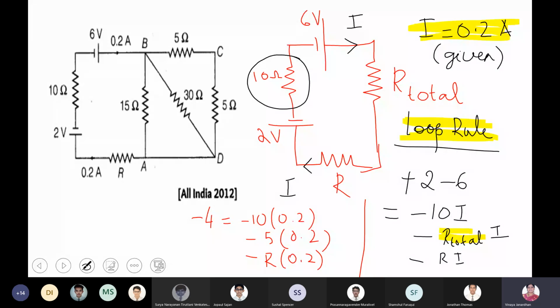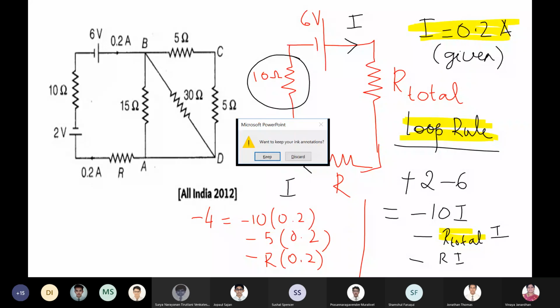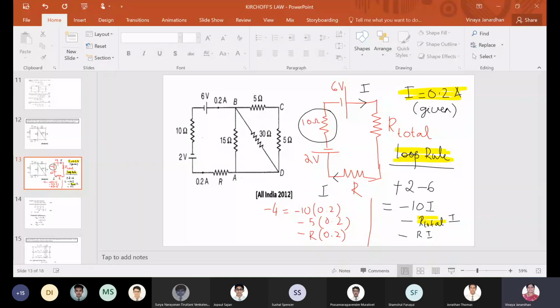Anyone else have a different answer? What is the value of R, boys? Is it 5? It's 5.